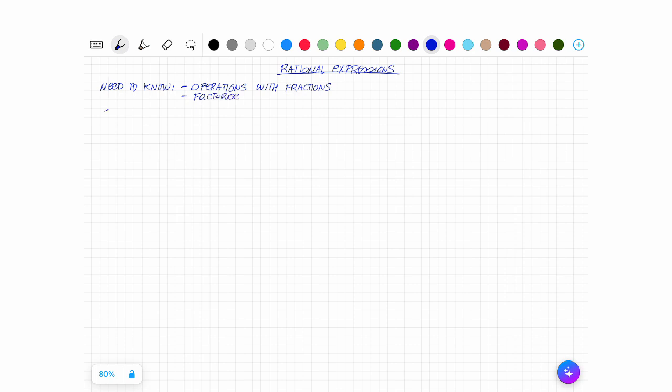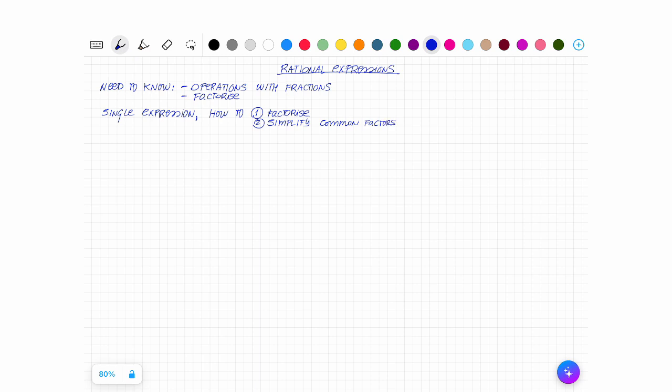We're going to focus in this video on single expressions, meaning there's only one fraction, and we will see more than one in another video. So if I've got a single expression, first of all I need to factorize, and then whichever common factors I've got both in the denominator and the numerator, I will cancel.